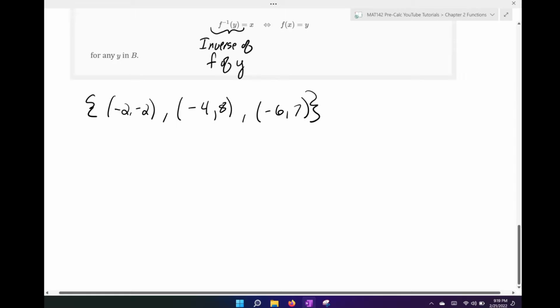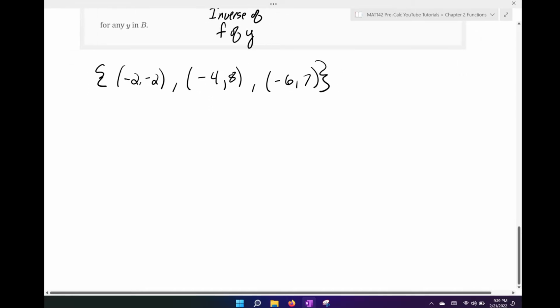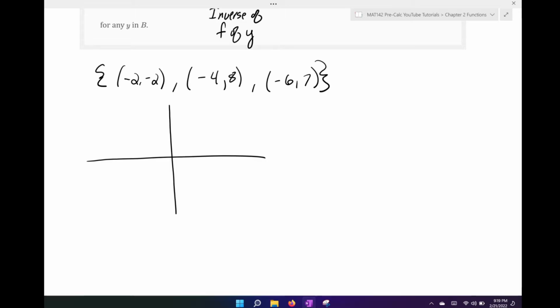So the first thing I want to do is just demonstrate that even with these 3 points, we have something that's one-to-one. So what I'm going to do here is just go ahead and quickly graph them. And I'm not going to be really, really specific on this. I'm just going to go ahead and graph them in the quadrants that they should be. So we have -6, comma 7. So that's going to be like up here. And I'll just label it -6, comma 7.